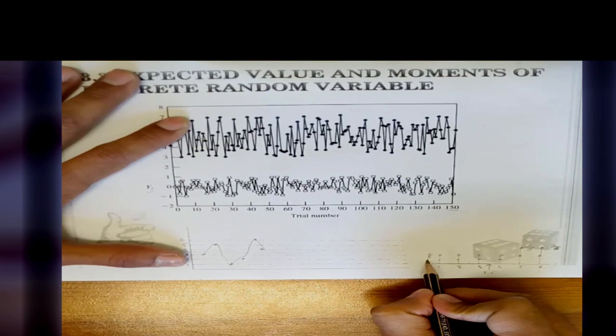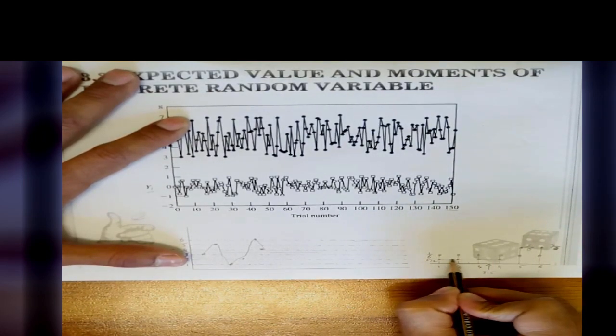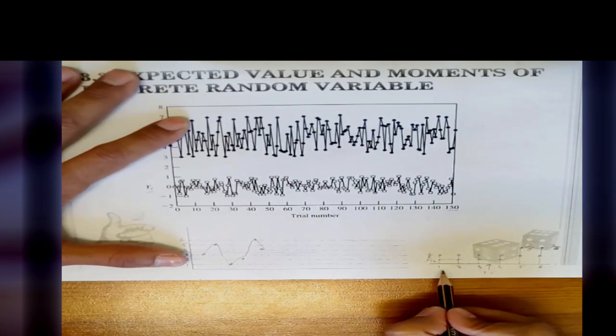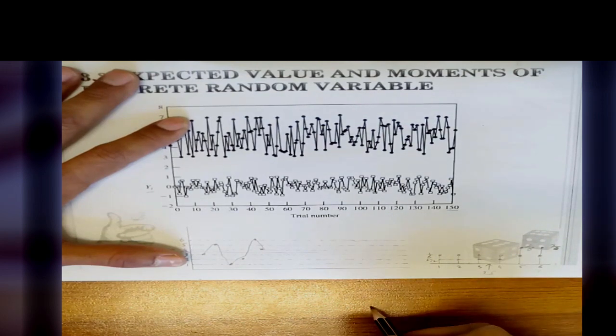So let's say all of these values are 1 by 12. So now will this change the expected value?